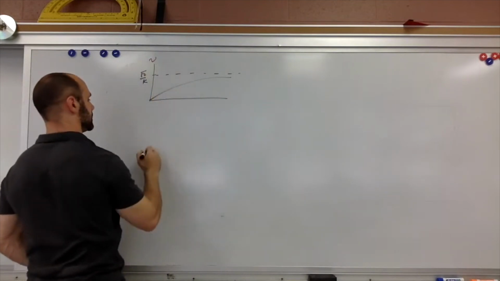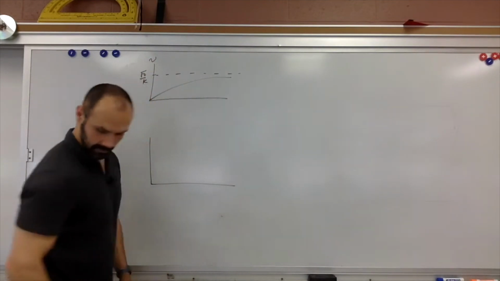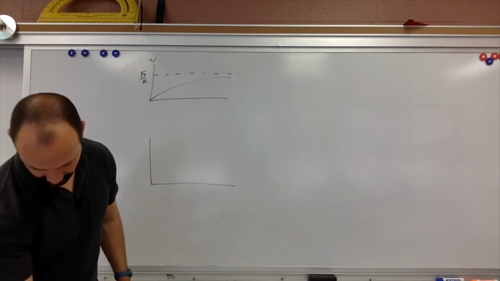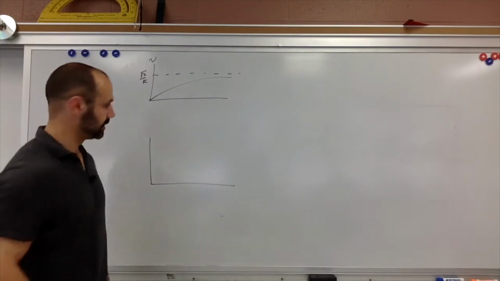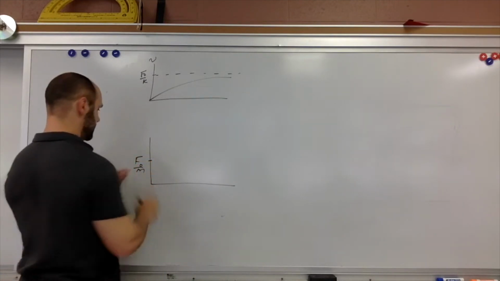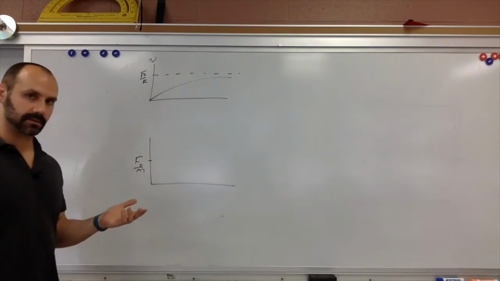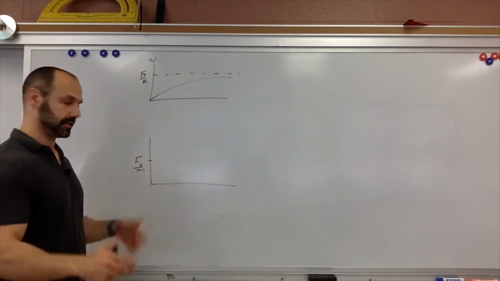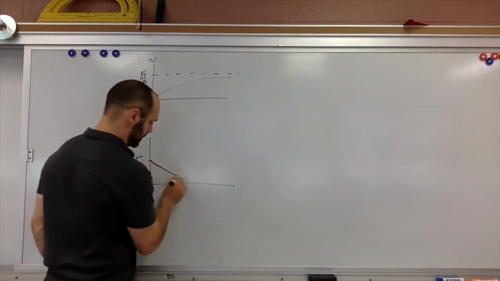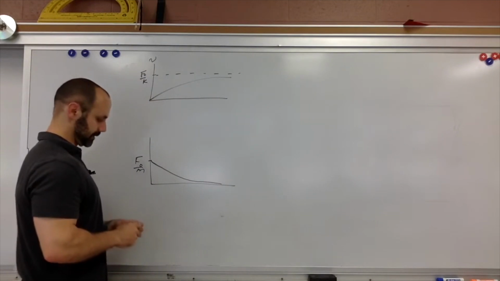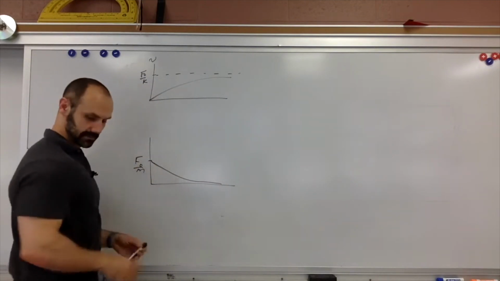That's velocity as a function of time. The other one asks for the acceleration as a function of time, and it says label the important values. So this is F naught over m. That's the initial acceleration, because when we plug 0 in for the velocity, then a is just F naught over m. And this looks like this. The acceleration is going to 0. So 2 points, 2 points.